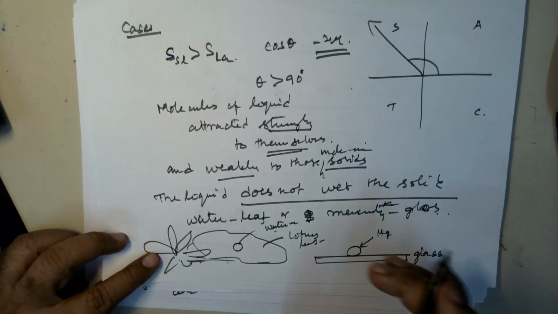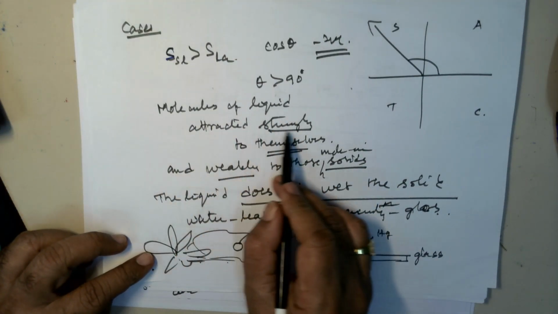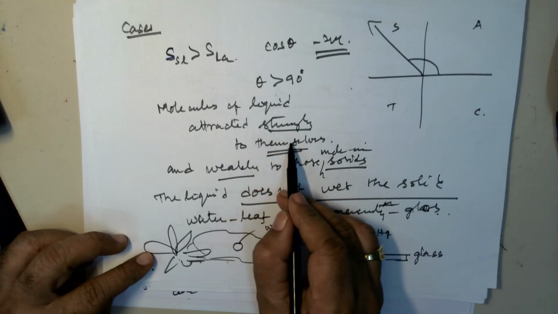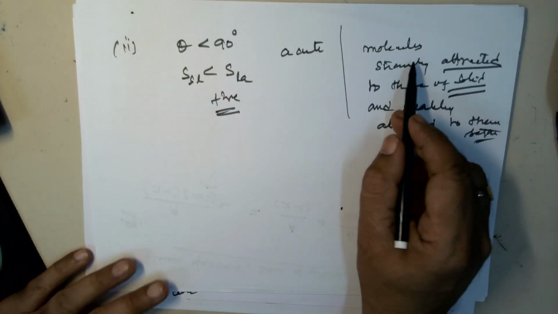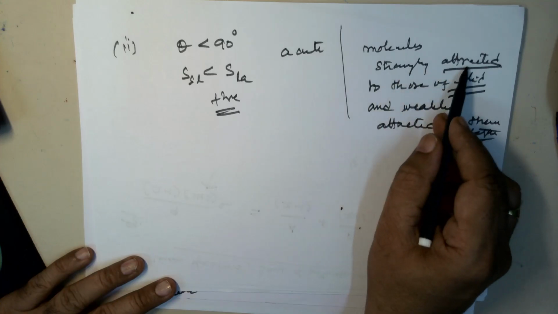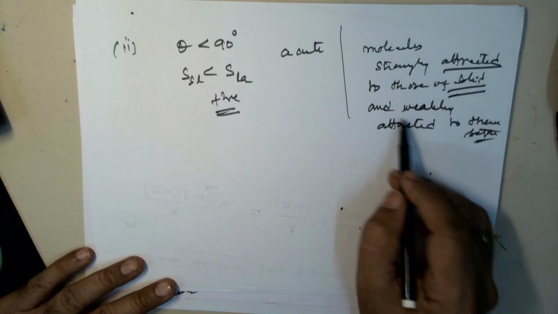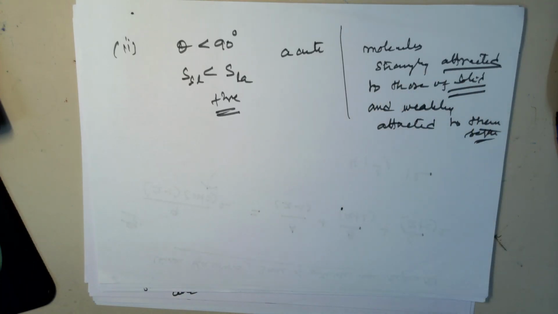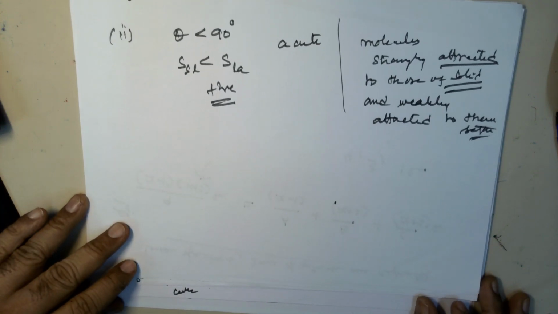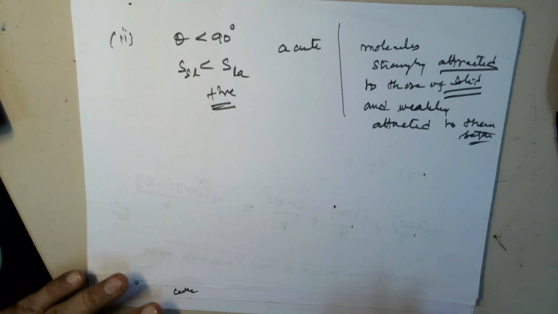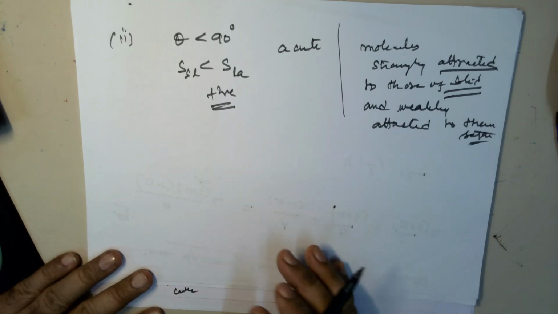In the previous case, molecules of liquid are attracted strongly to themselves, but weakly to the solid surface molecules. Whereas here, the molecules are strongly attracted to those of solid, but weakly attracted to themselves. And that is why here it is spreading.